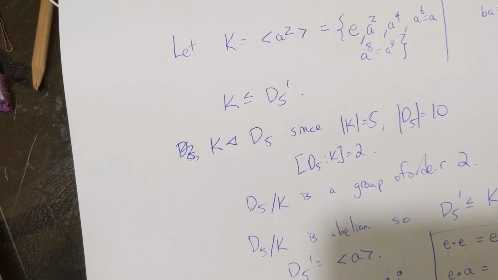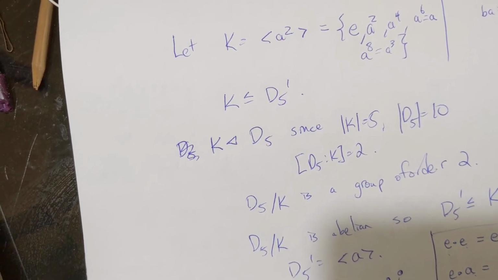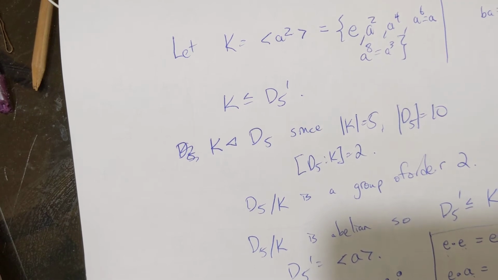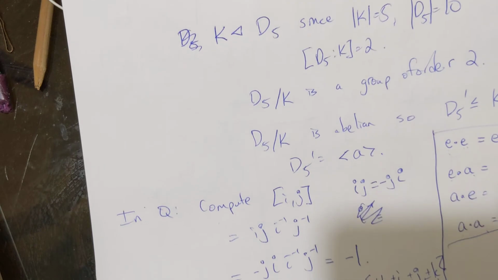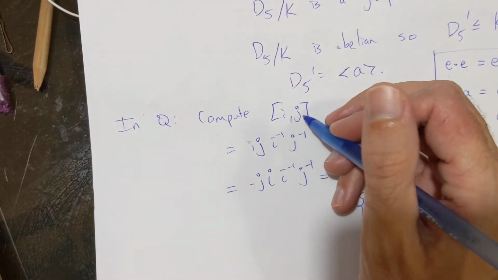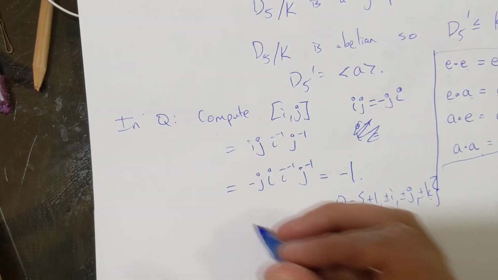We're using one possible description of the quaternions, as plus or minus 1, plus or minus I, plus or minus J, and then plus or minus K, where K is just IJ, and all these laws. Anyway, so the commutator of I and J is -1.